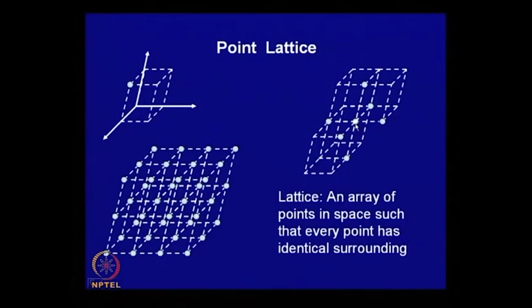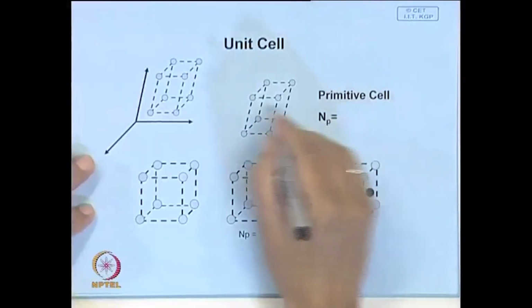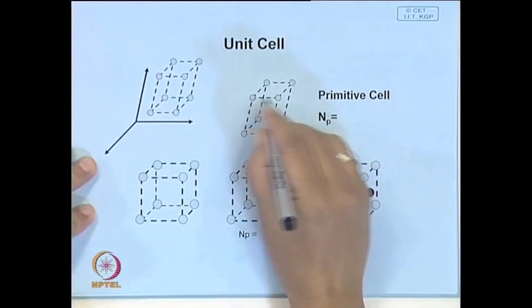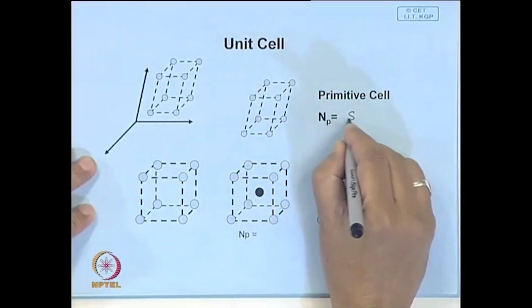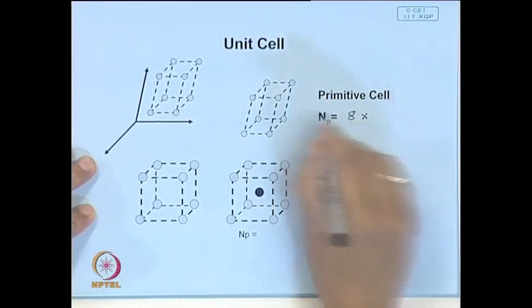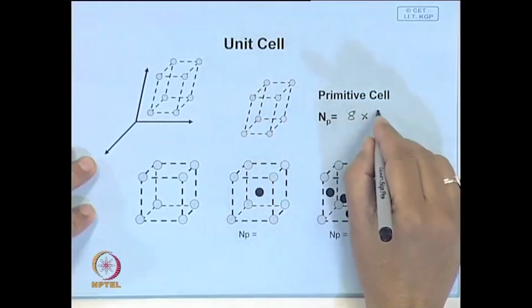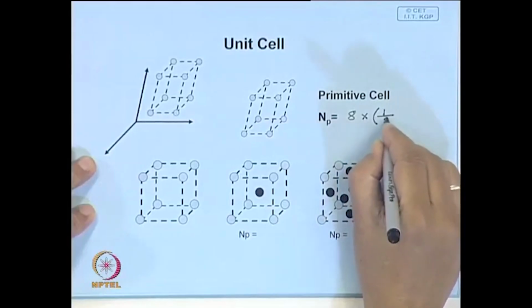So, therefore, you can say that this primitive cell has 8 corners, but each corner point is shared by 8 such neighboring unit cells. So, the contribution of each is 1/8.